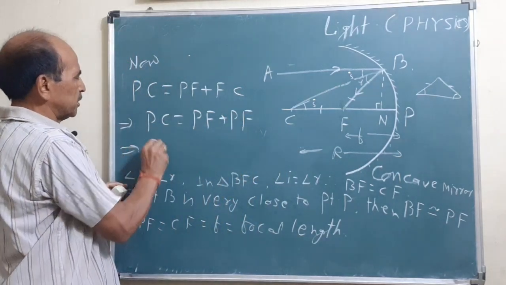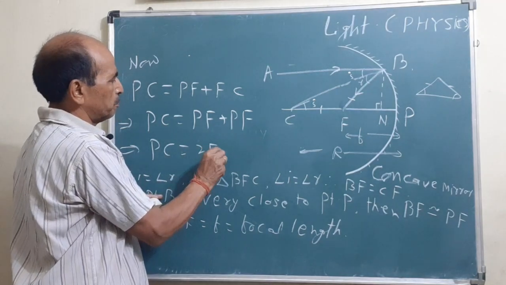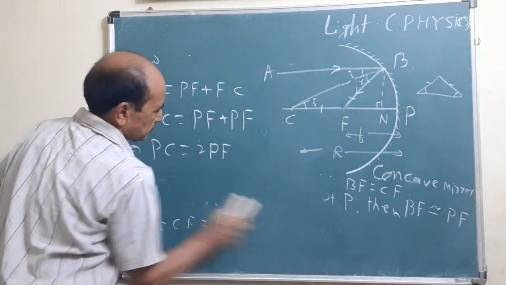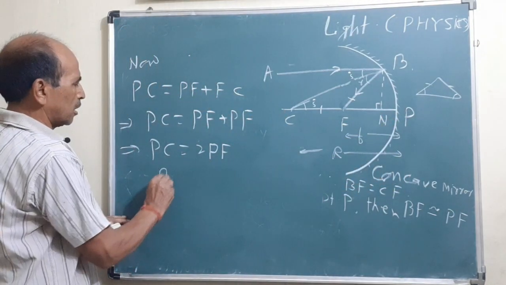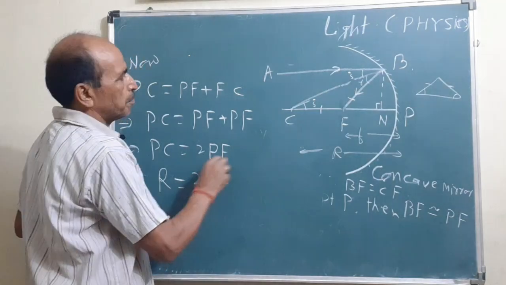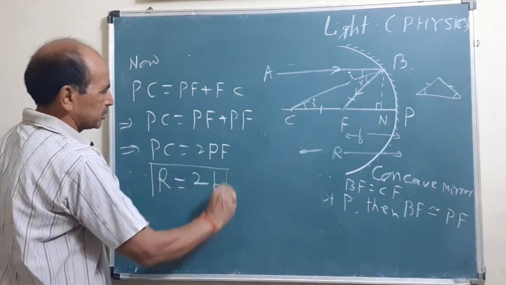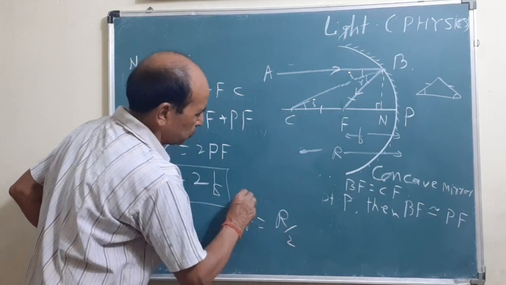So you can say PC is equal to PF plus PF, 2PF. PC is the radius of curvature R, and this PF is F. So from this relation, therefore F is equal to R by 2.